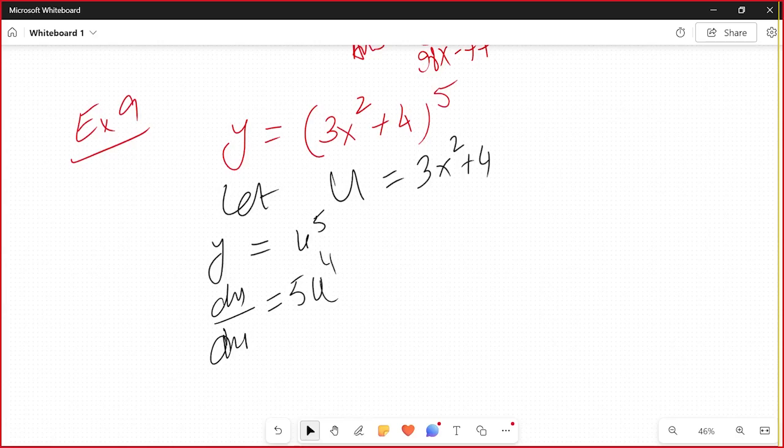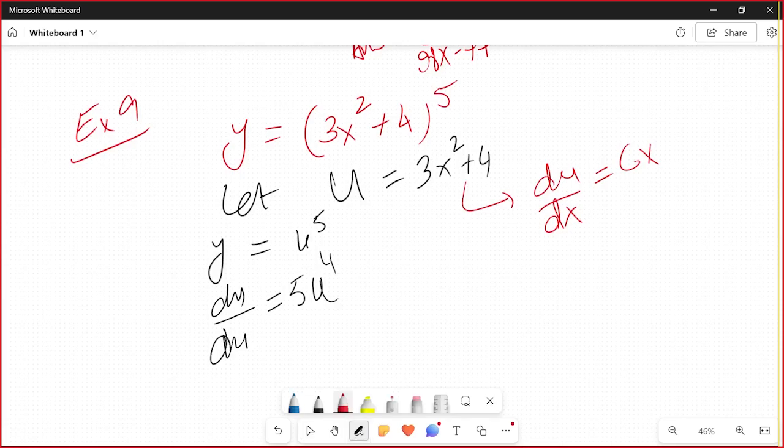Now I take another color. From here, du upon dx. What is du upon dx? 6x. Yeah, 6x, right?